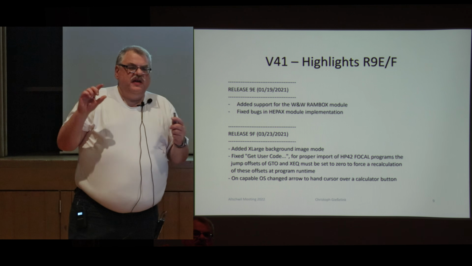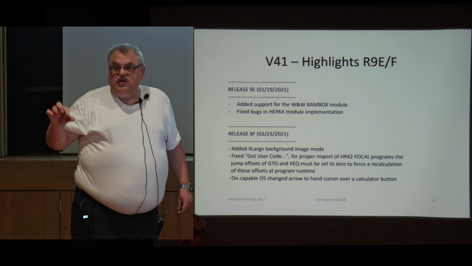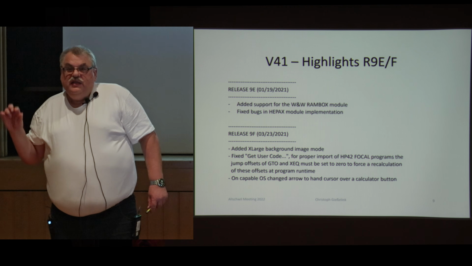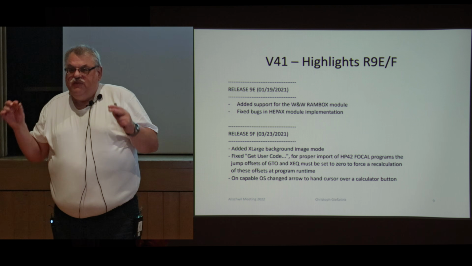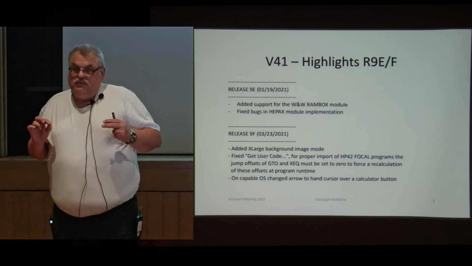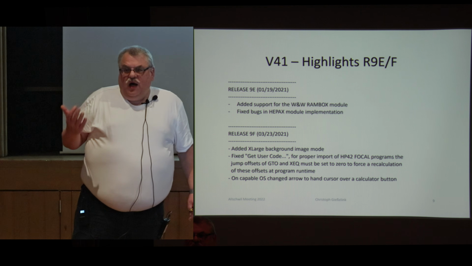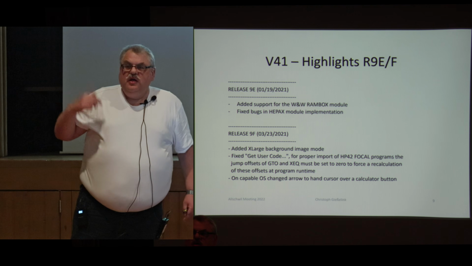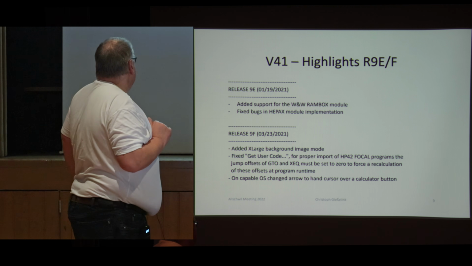What I didn't know, because I have the possibility to use EMU or 42 programs also on the 41 and vice versa, is that both calculators, even if the commands are in the same order, calculate the offsets differently. So in this particular case, when I'm loading such a program now, I set all distances to 0, so that the calculator has the possibility to put in its correct offset. This was the point here.